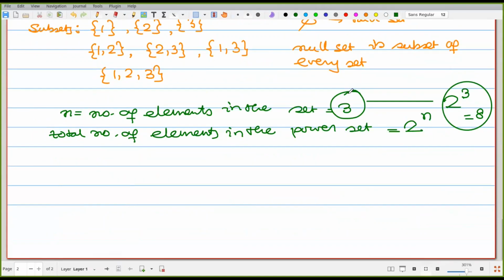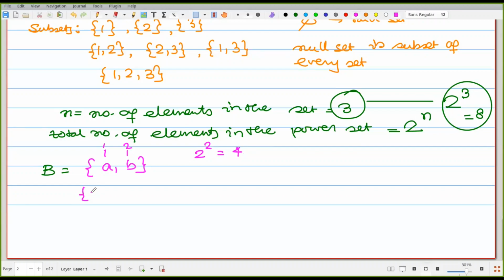Same as, suppose a very small set that is B. So B is very simply {A, B}. So how many elements are there? 1, 2. So what should be the total number of elements in its power set? Now that is 2 to the power 2 or 4.